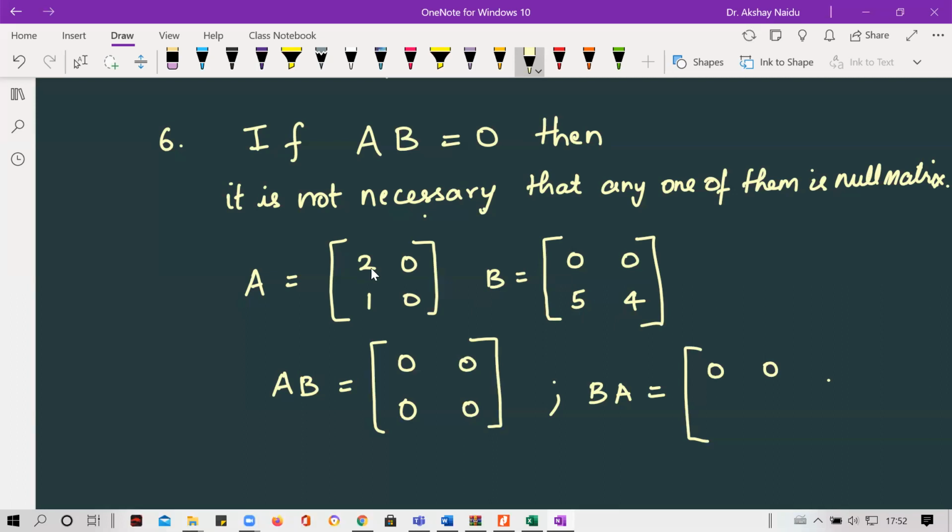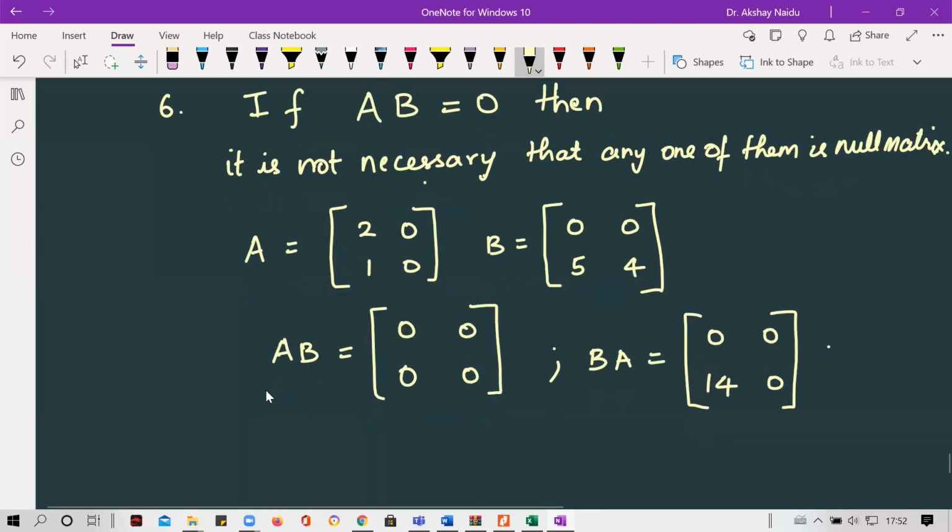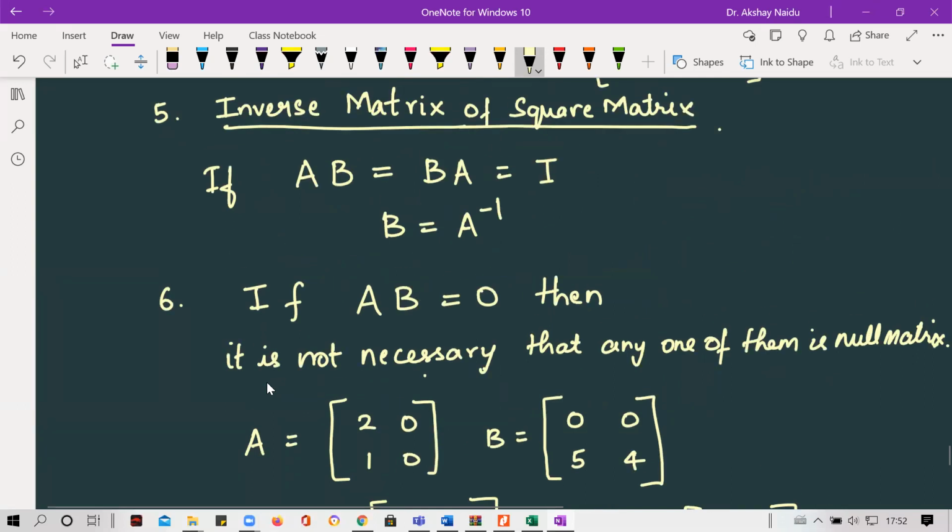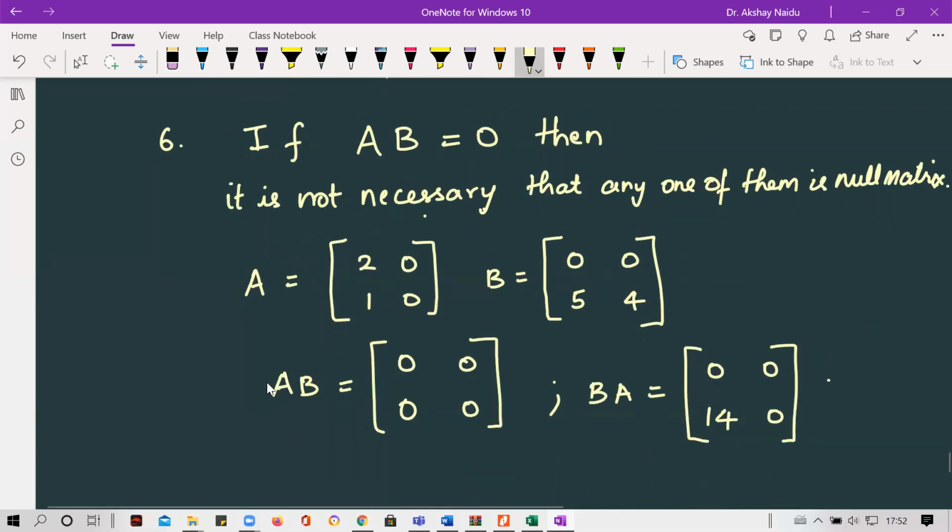Then 5 4 multiplied by 2 and 1: 5 into 2, 10, plus 1 into 4, 14, 0. So BA is not equal to 0, but AB is 0. Neither A is 0 nor B is 0. Okay. So you have to be thoughtful. So you may get a tricky question, a simple question on matrix understanding like this.